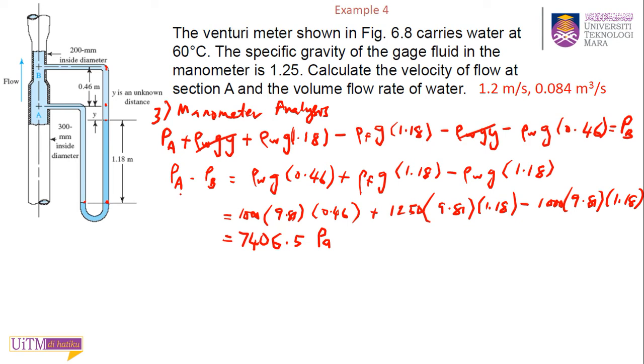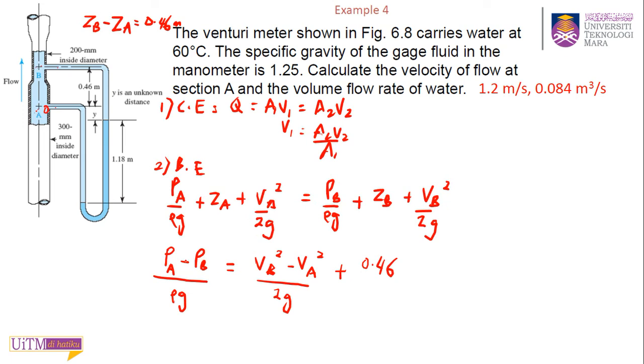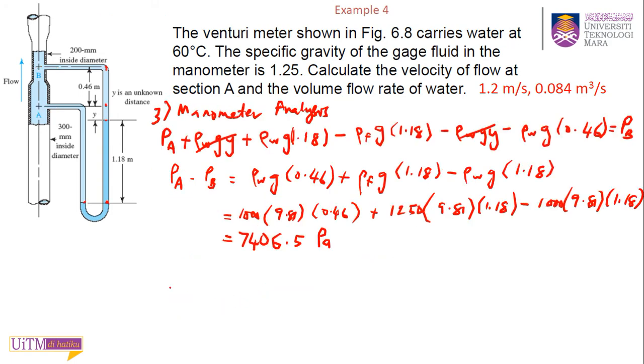Okay. So now you have the value for PA minus PB, and you also get your equation here, right? So you replace back your value inside this equation. Okay? So you replace back the value and you will get, okay, let's write here.